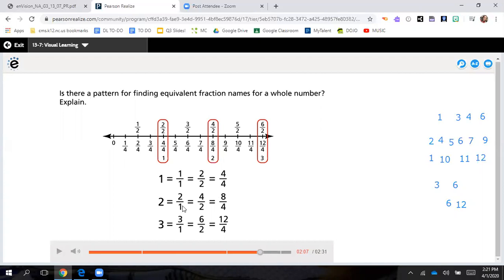For example, if I do 1 times 2 or 1 plus 1, I get 2. If I do 2 times 2 or 2 plus 2, I get 4. If I do 4 plus 4, I get 8, or 4 times 2 equals 8. If we look at 3 wholes, we know that 1 times 3 is 3, 2 times 3 is 6, and 4 times 3 is 12.